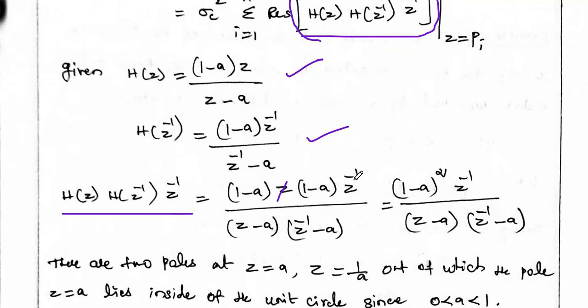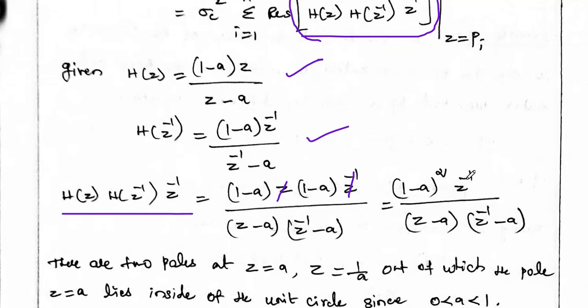So here the product of z inverse equals 1. Then in the numerator you see 1 minus a the whole square, divided by z minus a into z inverse minus a.